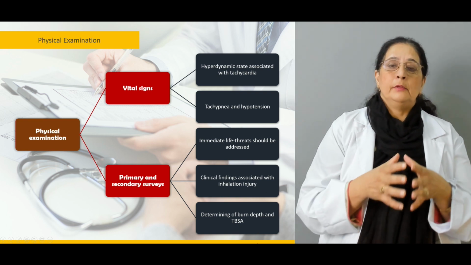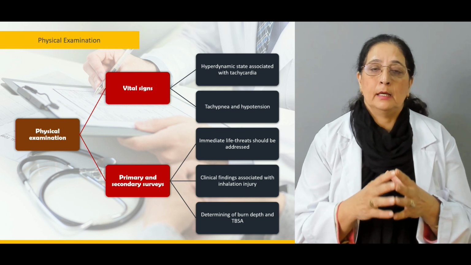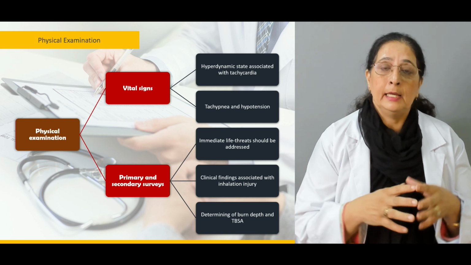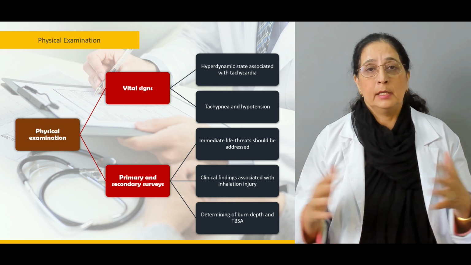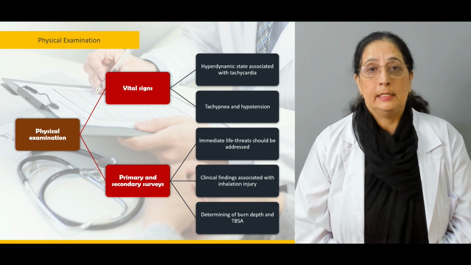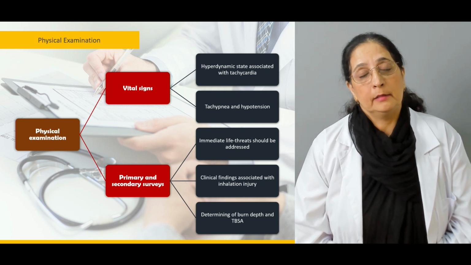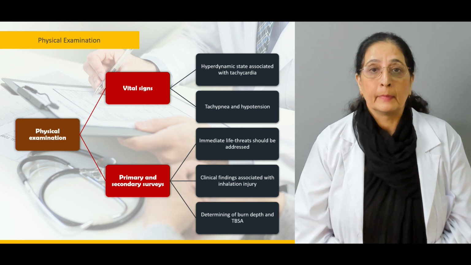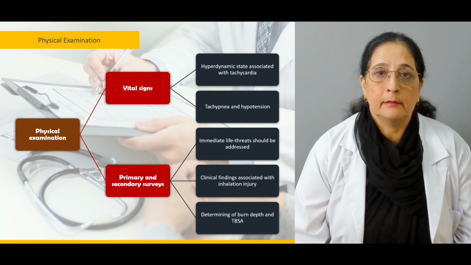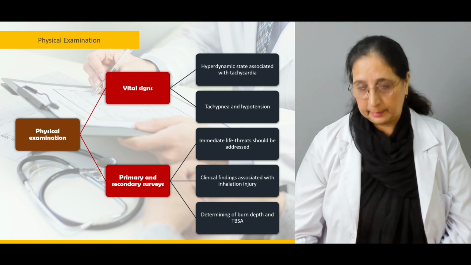In the burn, total body surface area is measured, and then treatment is given accordingly. If a big body surface area is involved, then usually the mortality rate is high, and usually the recovery is very, very poor. So it's very important to measure the total body surface area in the burn patient.